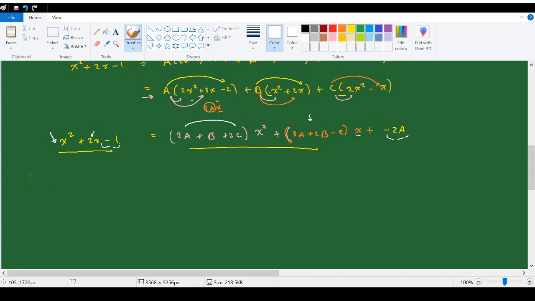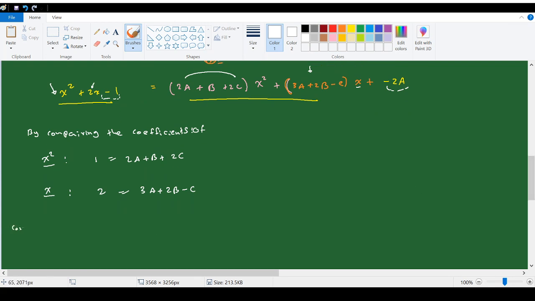So what we can do is, by comparing the coefficients of x squared, here it is 1, and here it is 2a plus b plus 2c, and the coefficients of x will be, here it is 2, and in the right hand side it will be 3a plus 2b minus c, okay, and constants, in the left hand side it is negative 1, and in the right hand side it is negative 2a, right?